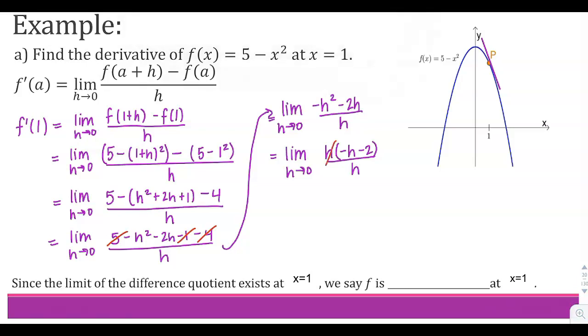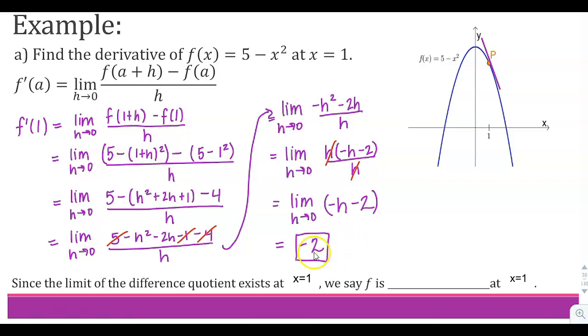And now, since the h's have been removed, in this next step, I can use direct substitution on negative h minus 2. So if I substitute in 0 for h, I end up with a slope of negative 2. And we can see from our original slope of the tangent line over here with negative slope that negative 2 is a plausible answer for that slope.